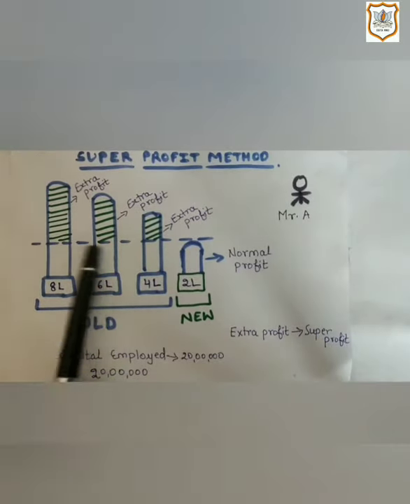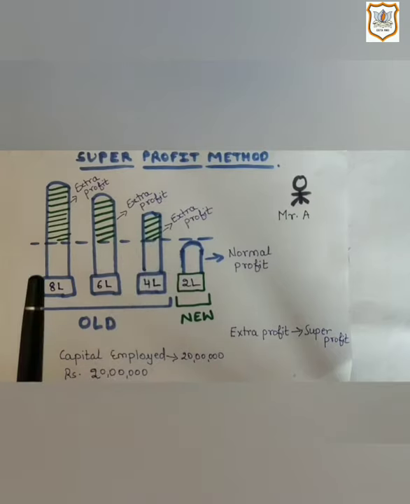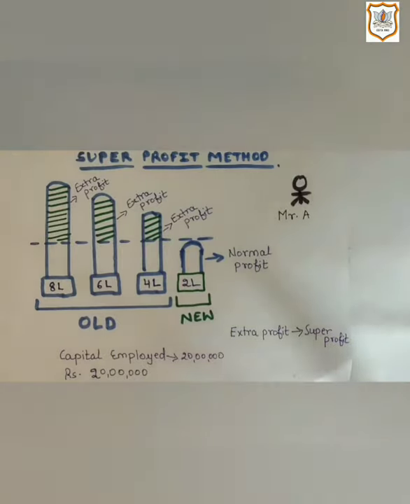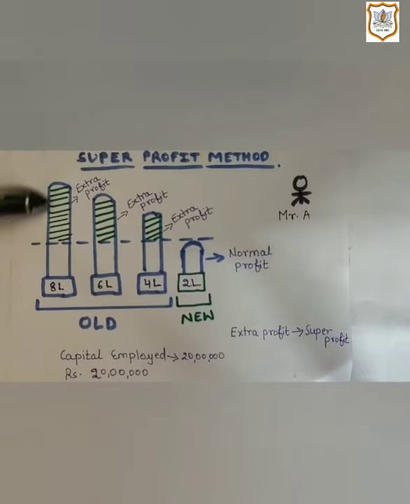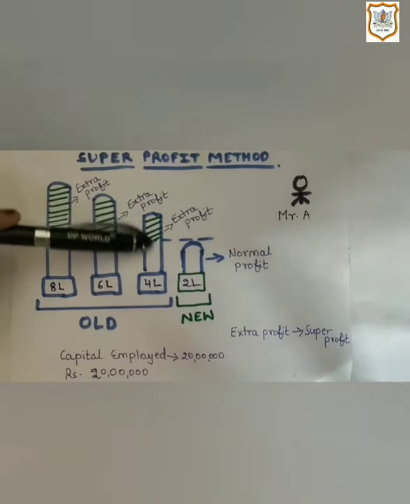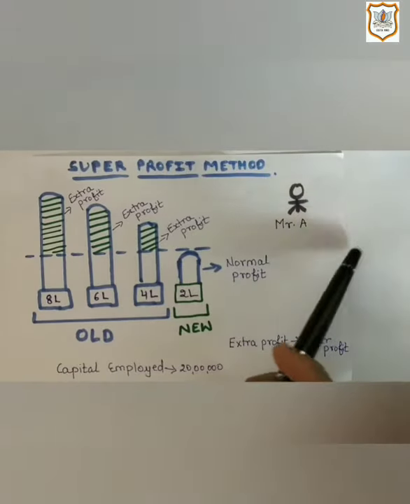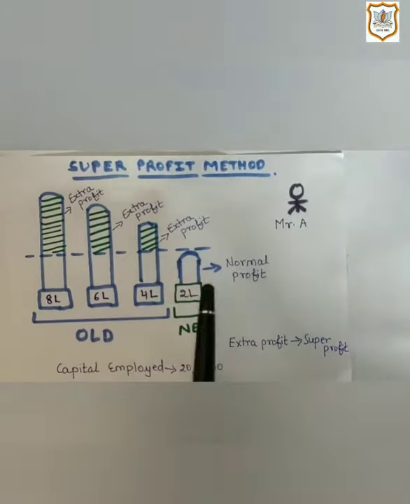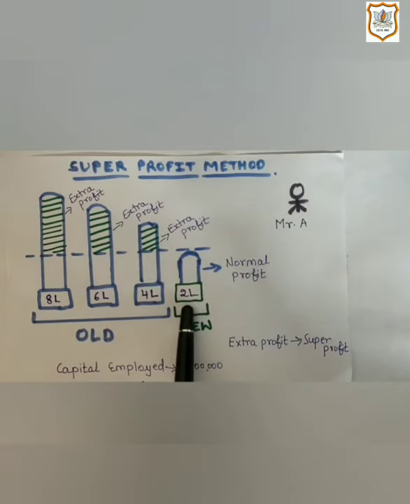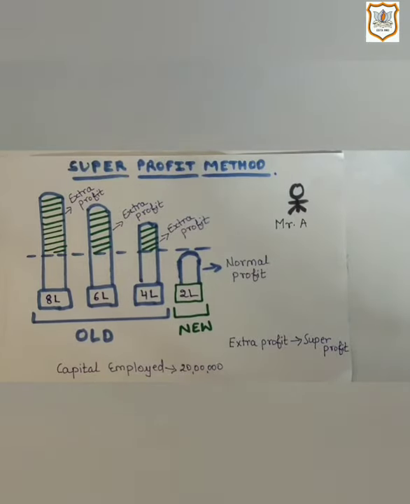And if we draw a line over here, as you can see in the picture or chart, old players or businesses are earning extra profits. As you can see here, these shaded parts are the extra profits which old businesses are earning. And Mr. A is earning only a normal profit of rupees 2 lakh with the capital investment of rupees 20 lakh by starting a new business in the same industry.